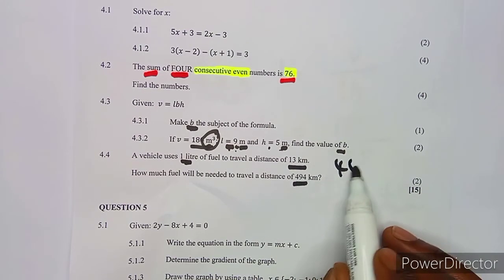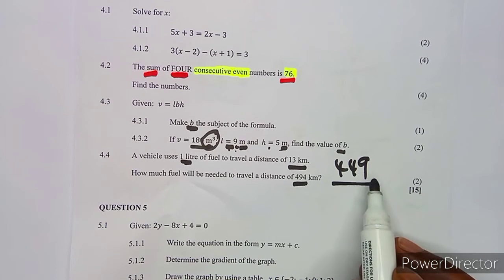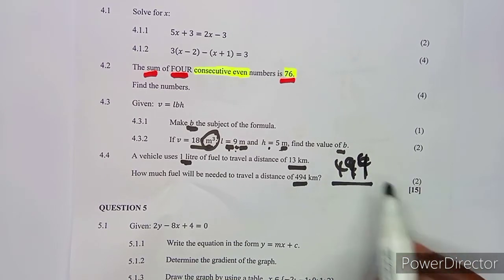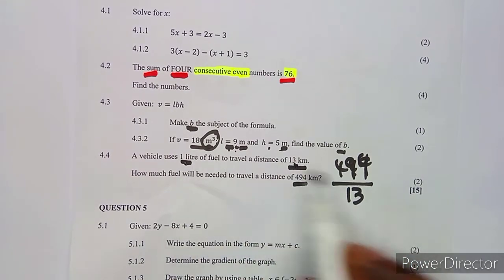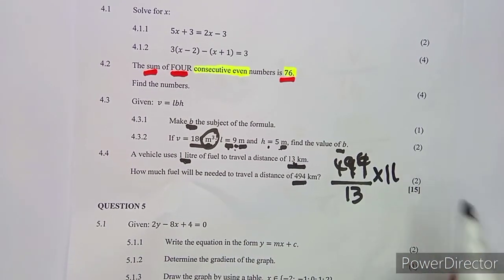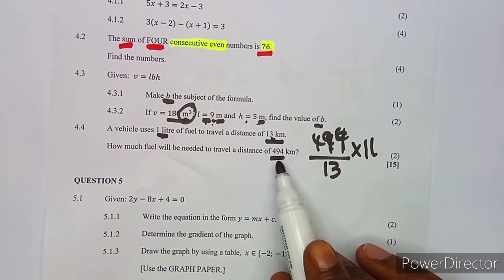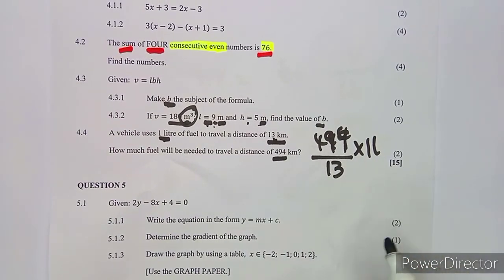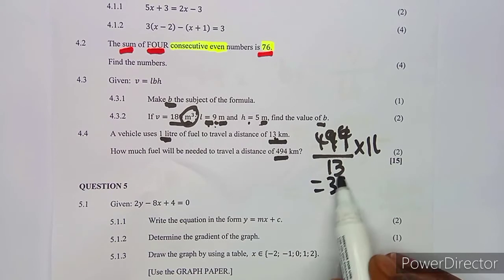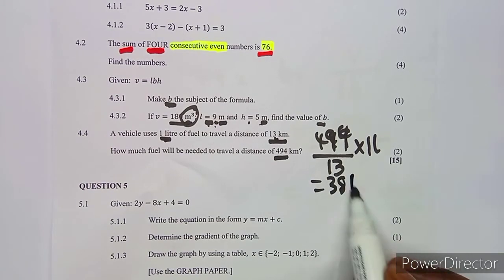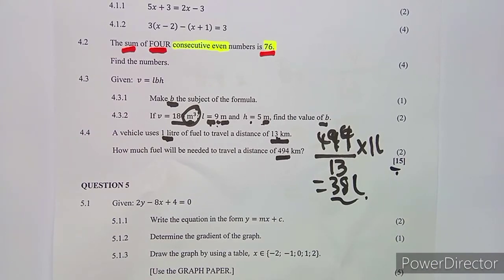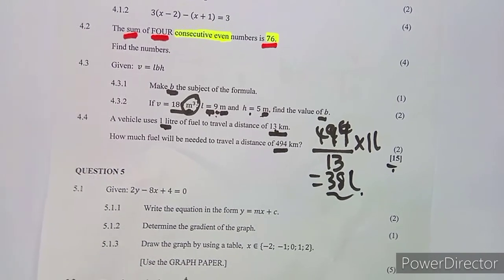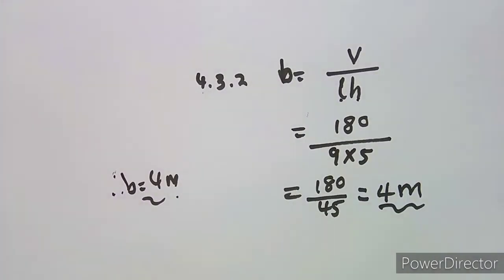So it's just going to be 494 divided by the number of kilometers, 13, multiplied by 1 liter. So 494 divided by 13, we're going to obtain 38, times 1, which is 38 liters. All right, so that's what you are supposed to do on this part. So that's how they can ask this question.